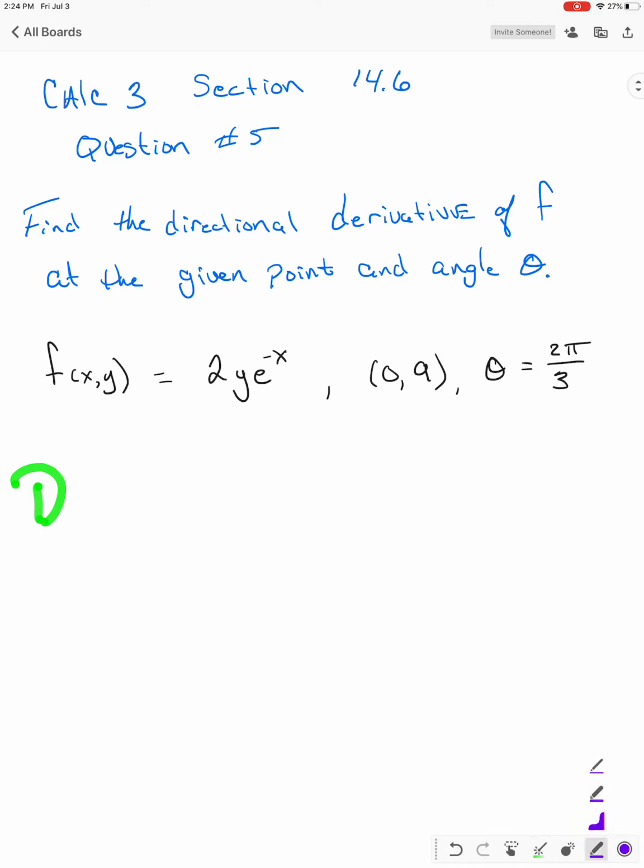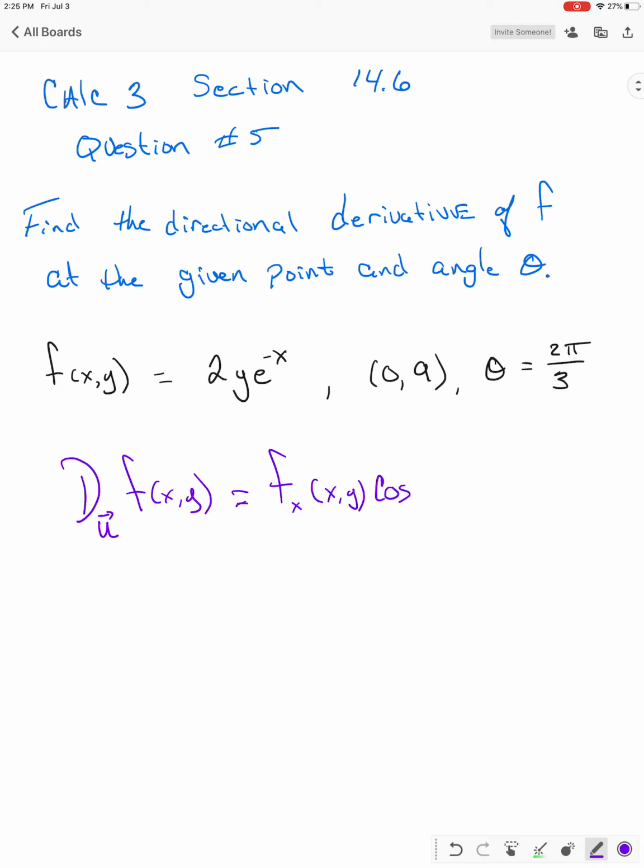That would be the derivative with respect to u, and to be precise, we often bold the u, of the function f of x and y, which is equal to the partial derivative of f with respect to x of x and y times the cosine of theta, plus the partial derivative of f with respect to y of x and y times sine of theta.